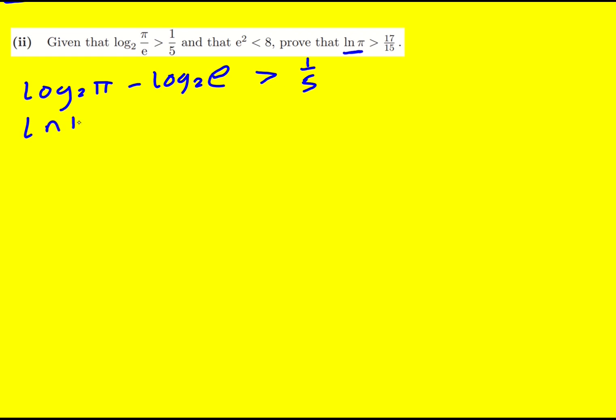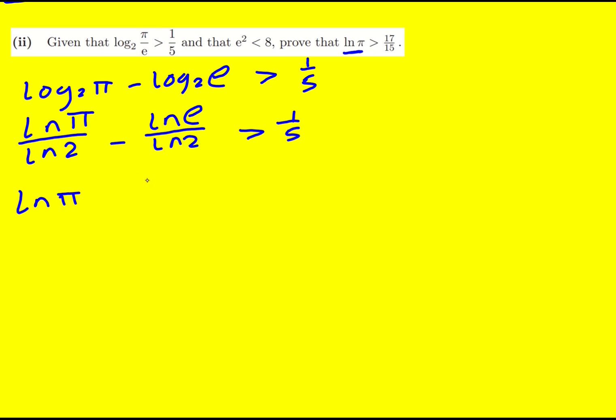So it will be ln pi over ln 2. And then I'll do the same over here to make it consistent. So ln e over ln 2. We can then multiply through by ln 2. So ln pi minus 1 will be greater than a fifth ln 2.